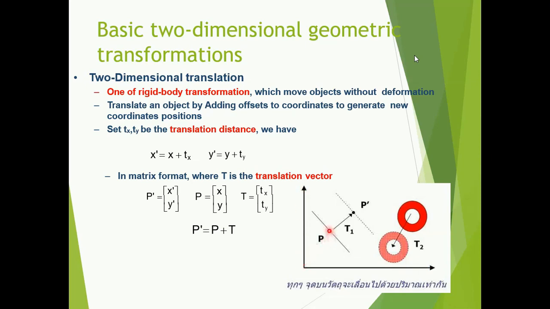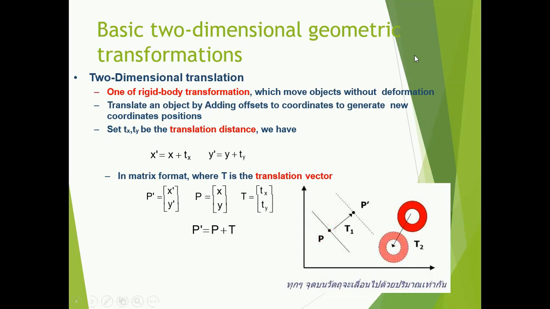You have a point represented as P, and now we want to move this point to another position on the xy plane, that is P dash. You are moving from the original position, represented by P, to another position, represented by P dash. When you have a certain displacement, you are actually adding an offset to the coordinate values.